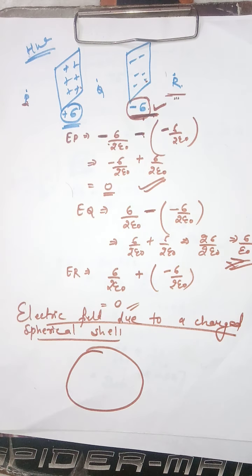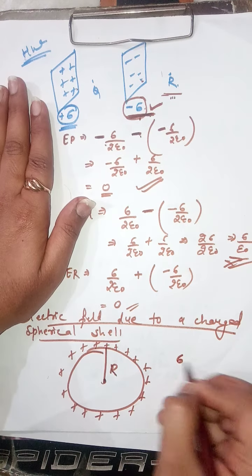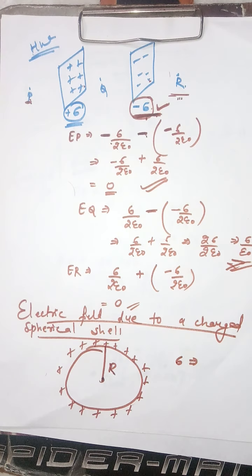This is our spherical shell. The radius of this spherical shell is capital R and a positive charge q is present on it. Sigma is the surface charge density of this shell.